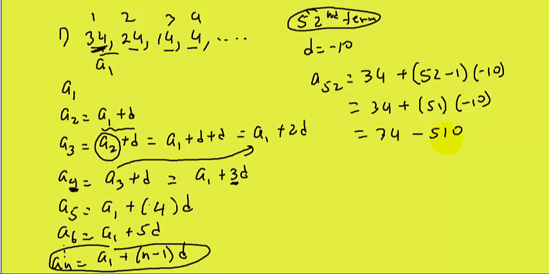So we take our handy dandy calculator, 510, subtract 34 from it, and it turns out to be negative 476. So the 52nd term, if you keep going, is going to turn out to be negative 476. So that's number 1.